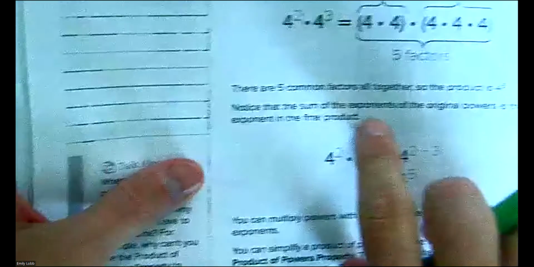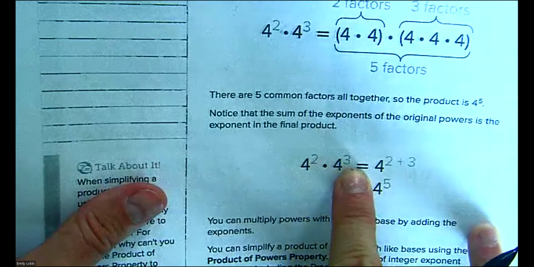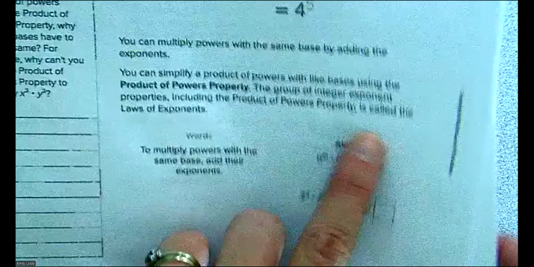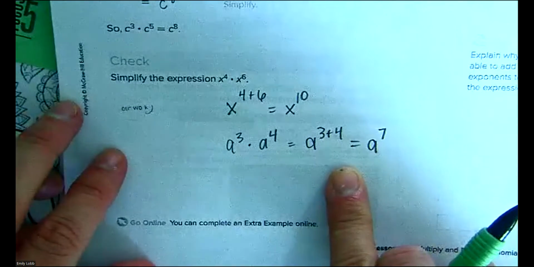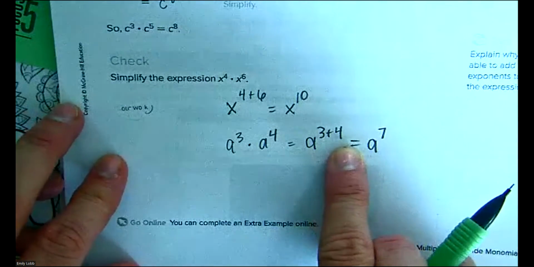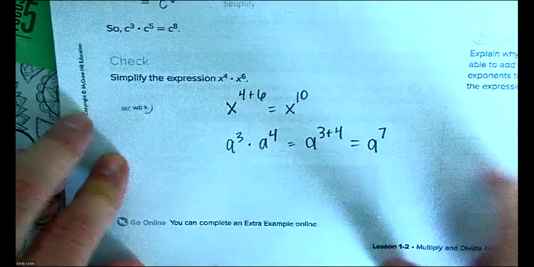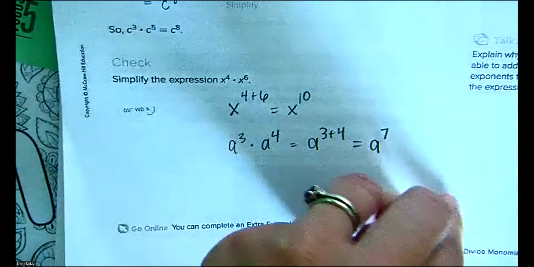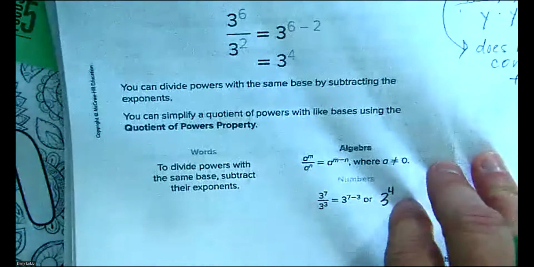Multiplying, product of powers. Remember, we have to add. We had to add our exponents, both with a number and algebraically. Right? So here would be algebraically. Here would be algebraically. Make sure you have good notes so you can use them tomorrow.